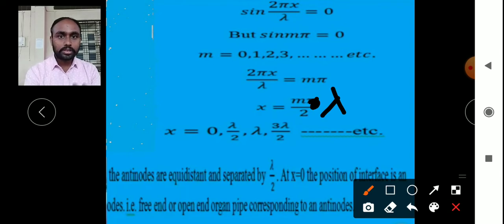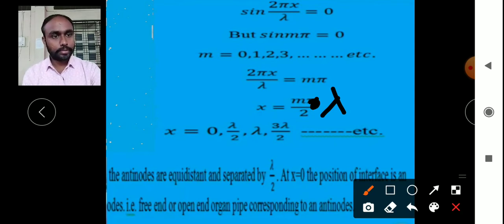We have seen this: antinodes, because the strain is 0, and therefore these conditions are valid for antinodes, and this x value gives the exact position of the antinode. So at 0 we have an antinode, at lambda by 2 we have an antinode, at lambda the next antinode, at 3 lambda by 2 the next antinode, and so on.